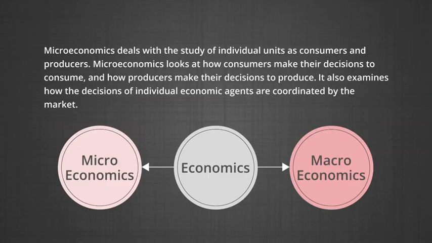Microeconomics deals with the study of individual units as consumers and producers. Microeconomics looks at how consumers make their decisions to consume and how producers make their decisions to produce. It also examines how the decisions of individual agents are coordinated by the market.